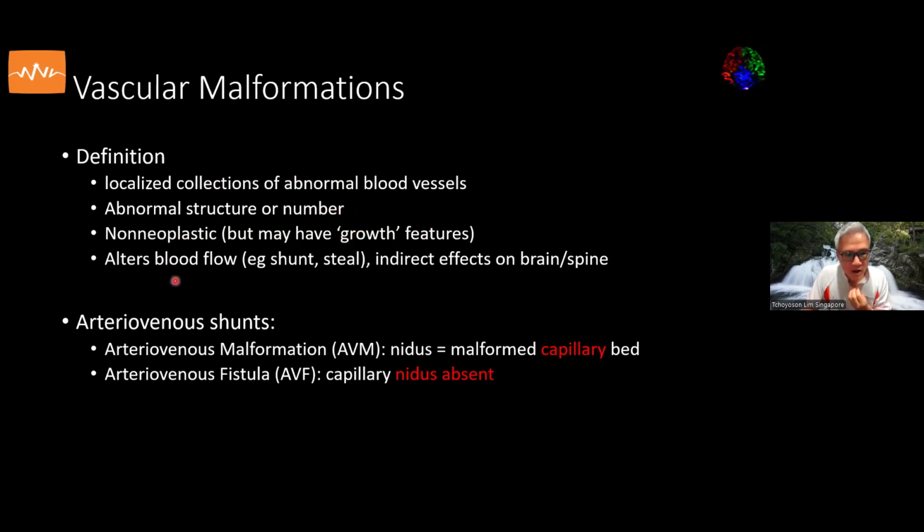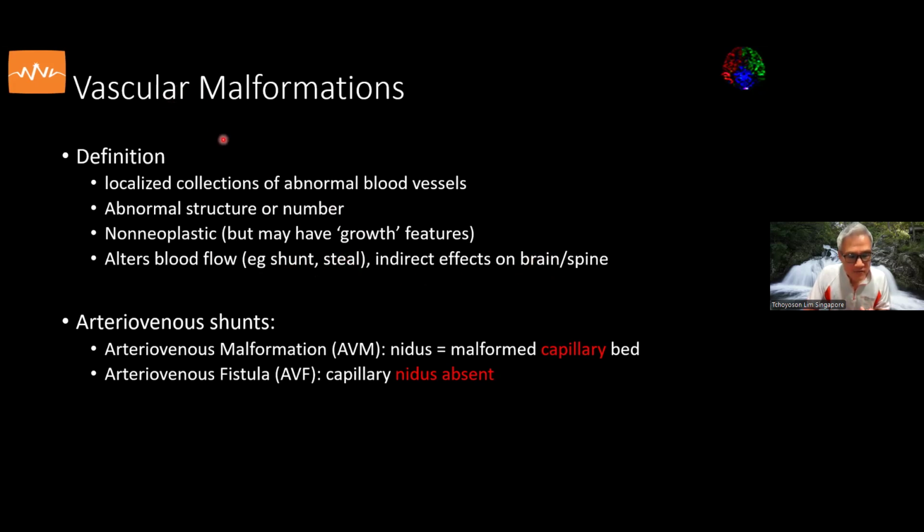The altered blood flow usually results in a shunt from the artery to the veins, or they can steal from the normal tissue, causing ischemic disease in some of the surrounding brain or spine.